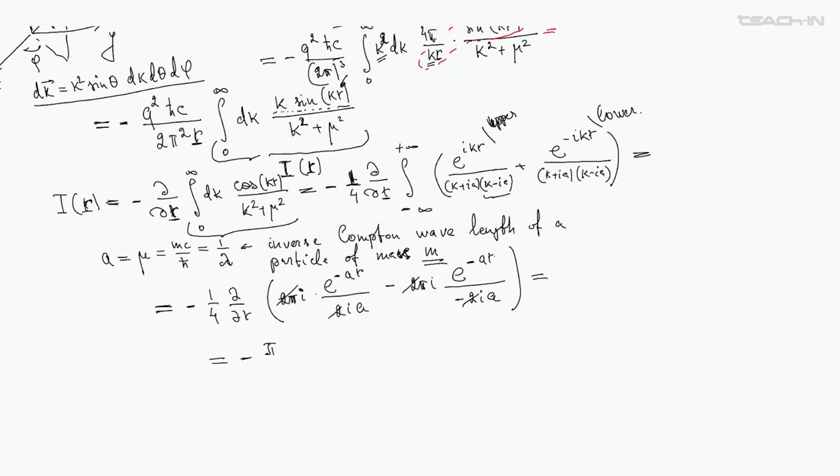A gets out, and then these two terms double, so you will get 2A in the denominator, d over dr applied to exponential minus AR.